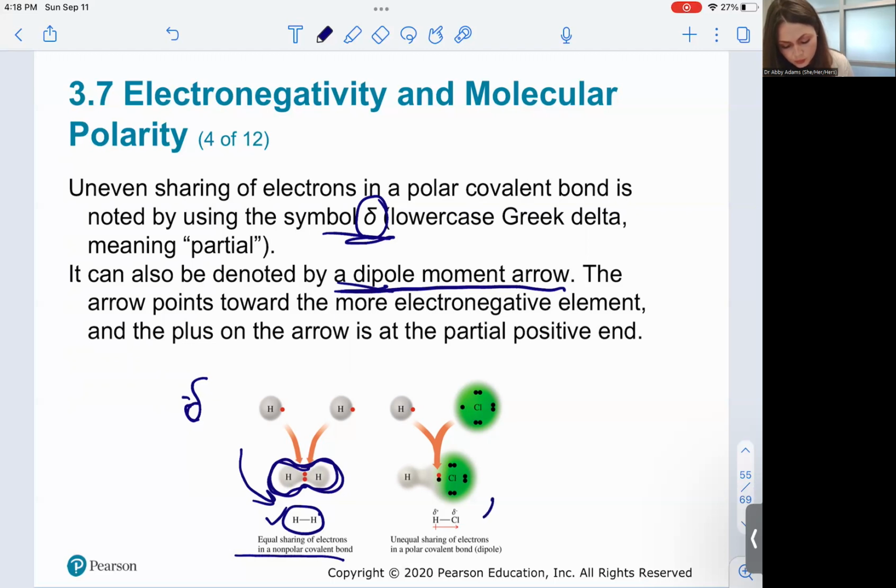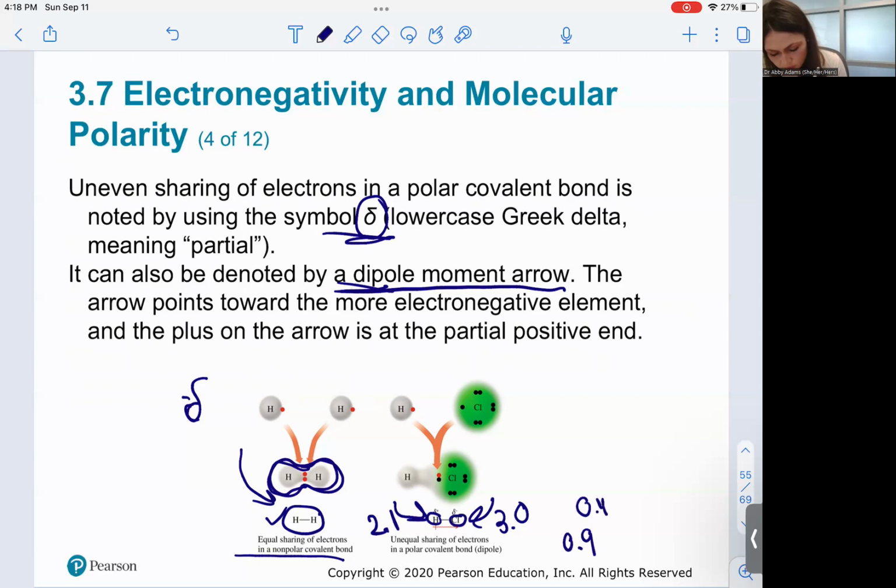But here with chlorine and hydrogen, chlorine is a lot more electronegative than hydrogen, right? So what are the electronegativity numbers for those? Can't quite recall? Look at your electronegativity table. It says that chlorine is, I think, 3.1 or 3.0, and hydrogen is 2.1. So there's a big difference between the electronegativities of these atoms, 0.9.